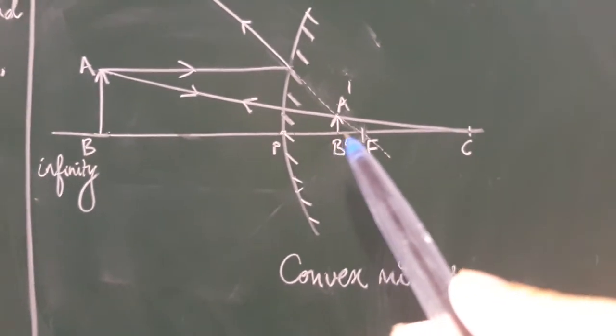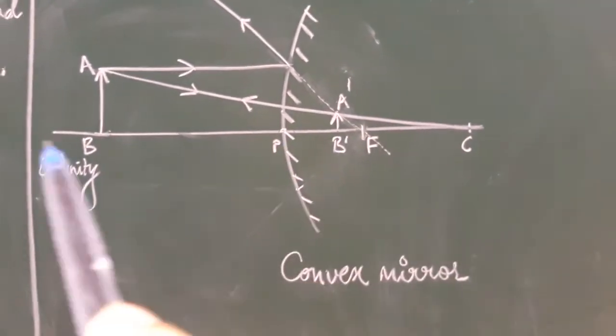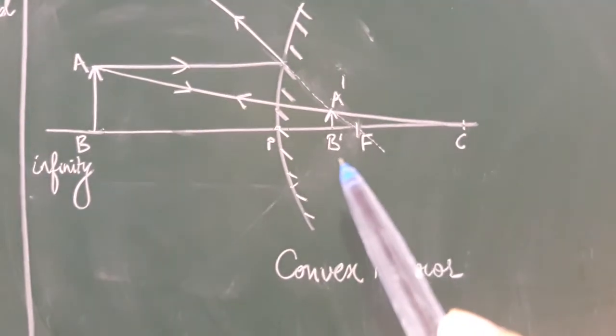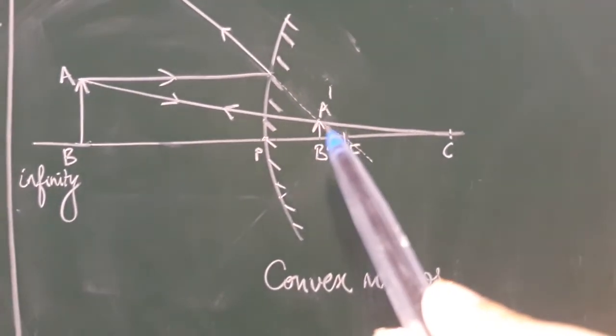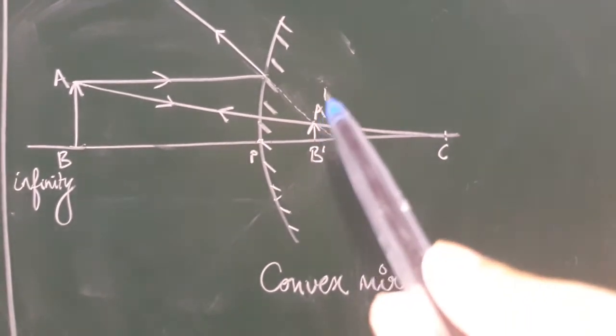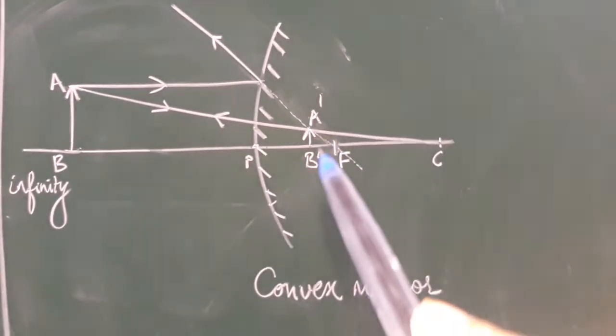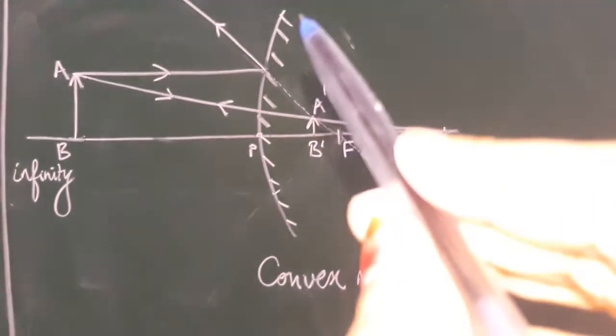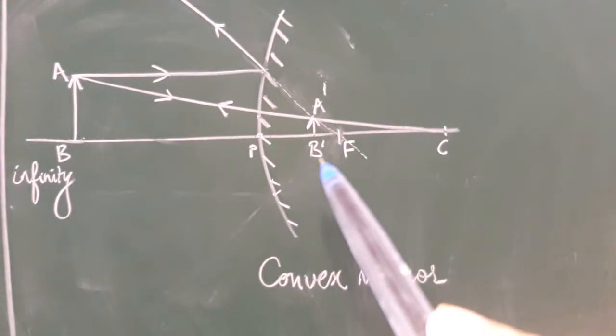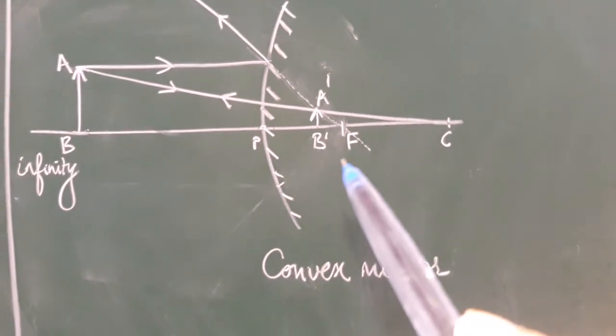Because on principal axis point is B, so corresponding point for the image is B dash, and that for object is A, so that for image is A dash. Here this image is also upright to that of mirror, so nature is virtual and erect.